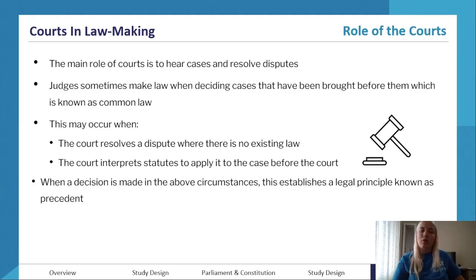Additionally, it may occur when the court interprets statutes to apply to the case before the court. So statutory interpretation, we said, refers to interpretation of acts in order to resolve disputes. And this will occur if there are gaps in that act, or it isn't exactly clear, or that specific circumstance hasn't been clearly defined as to what should happen.